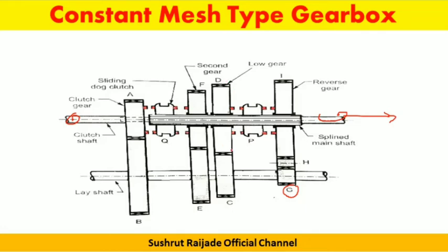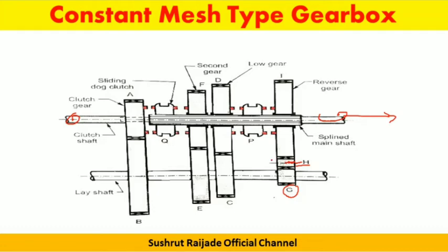The radial or thrust loads which are produced due to the gear engagement can be taken by the taper roller bearings. Now the reverse idler shaft. Here the reverse idler shaft is provided, and on that the gear H, which is the reverse gear, is mounted rigidly. Okay.